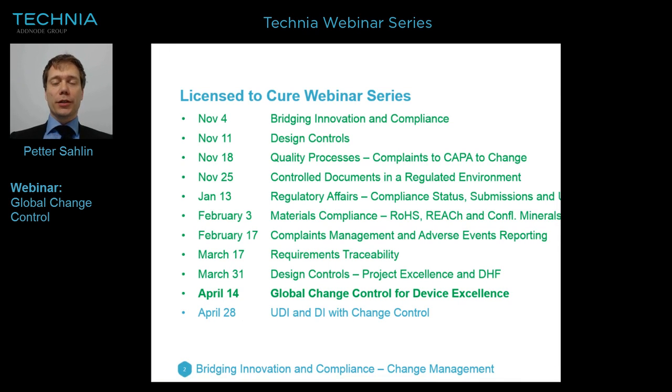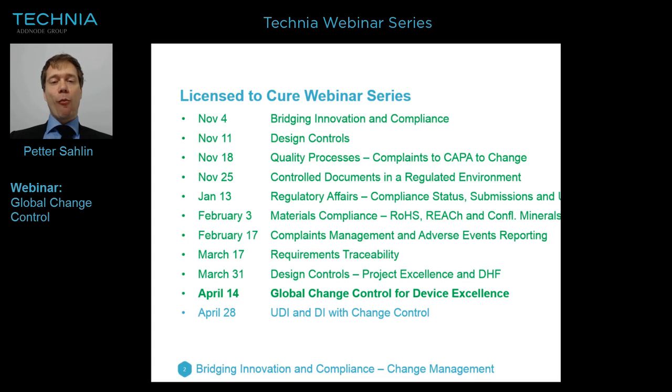Before getting started, I just would like to give you an idea of where we've been with this webinar series. We started off in November with design controls. Since then, we've passed by the quality processes, so complaints, CAPA, NCRs. We've had a session on controlled documents, which is electronic document management, which is also typically a part of the change process.